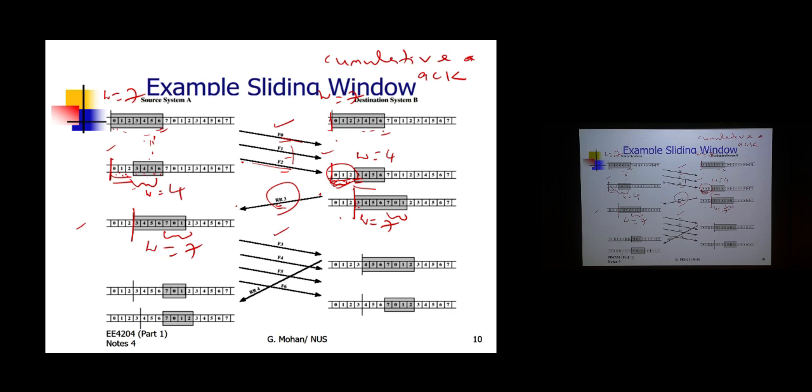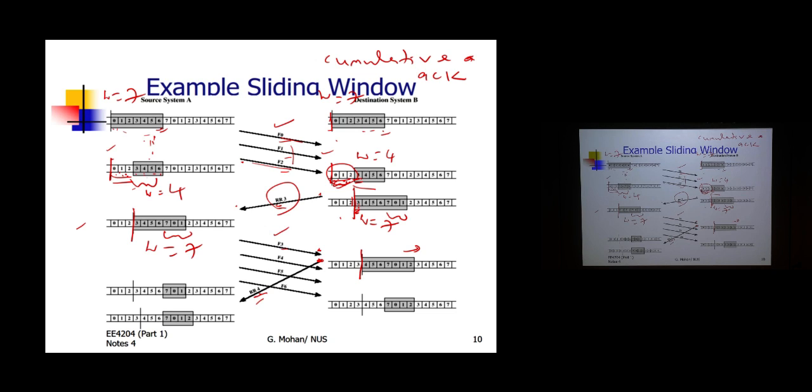When frame number 3 is received, then it transmits an acknowledgement here. This acknowledgement is RR4. So after receiving frame 3 and sending an acknowledgement, this will be something like this. Because when it receives frame 3, this vertical bar will move here. When it sends an acknowledgement, this will expand by 1.